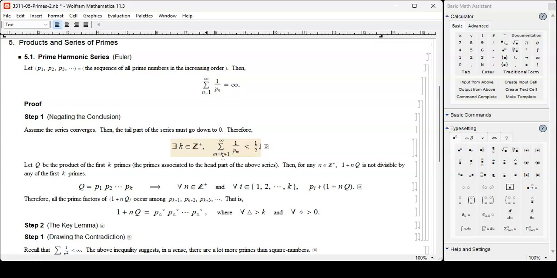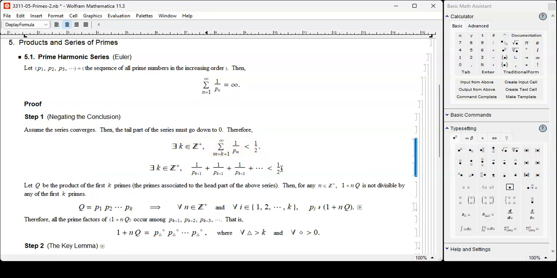So if we start from a sufficiently big number after k, then the sum of 1 over p_m has to be less than 1/2. Why 1/2? That'll become clear later on. And that's because this tail part has to go to 0.